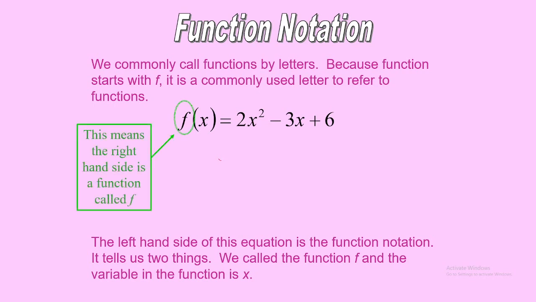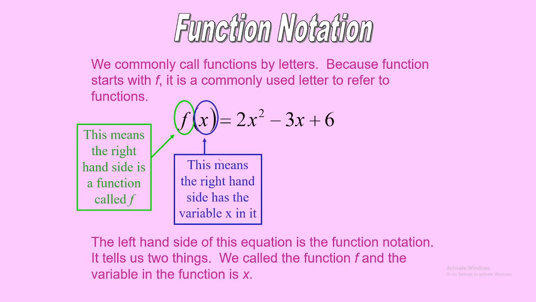This f means that the right-hand side is a function of f. If I have g here, this is a function of g. If I have the letter b here, it's a function of b. And the letter x there is simply the variable contained in the right side.